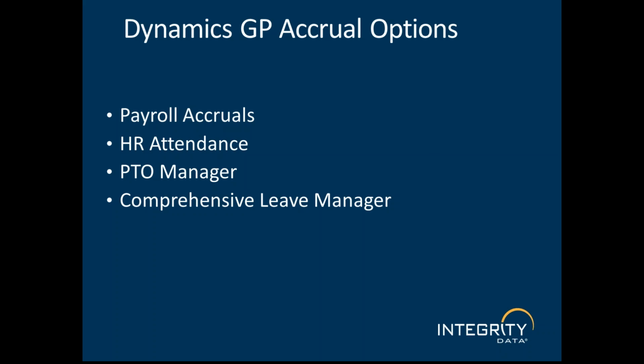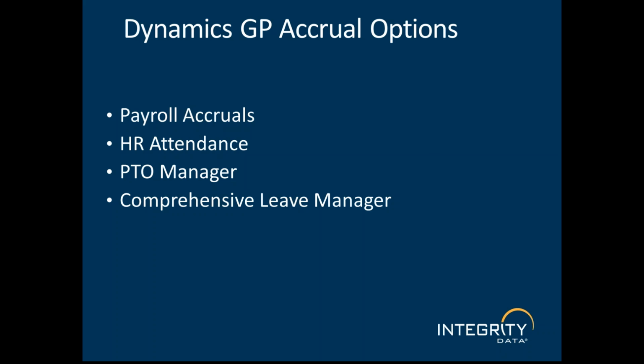That's on the employee card on the vacation and sick tab. Again, very limited functionality. There's HR Attendance, which does provide some good functionality, more accruals calculated based on years worked, and some maximum capabilities. That serves a lot of customers pretty well.